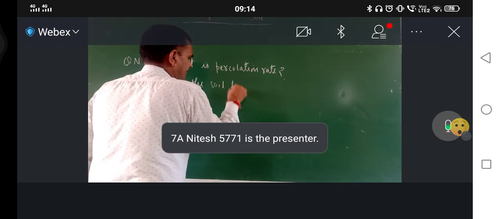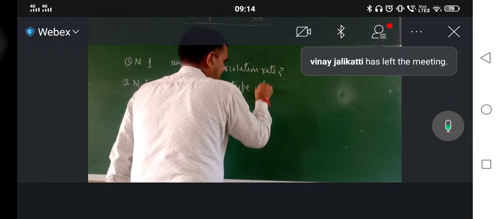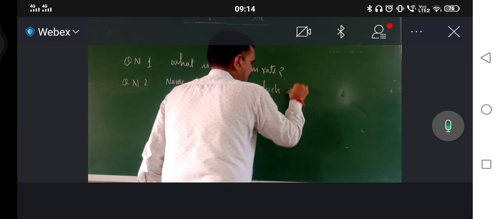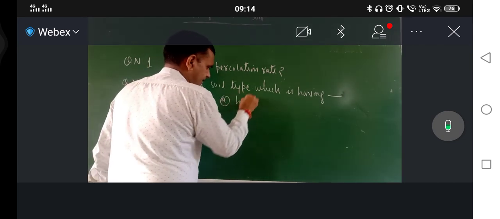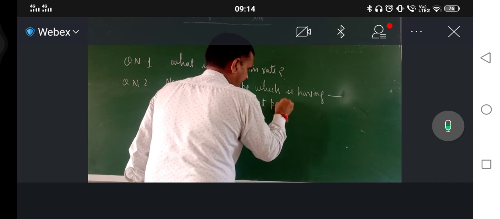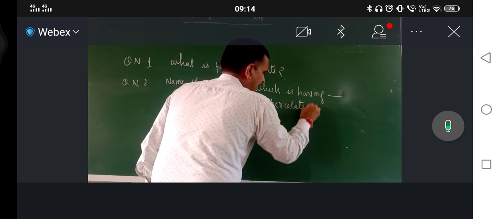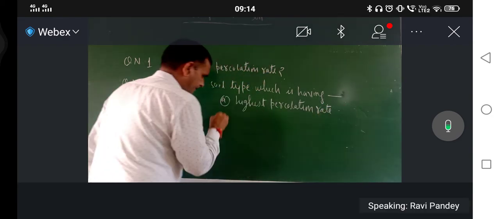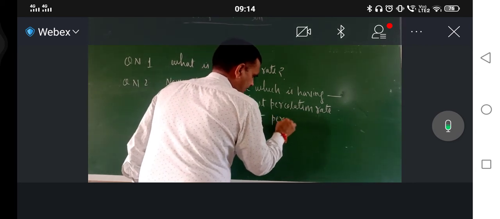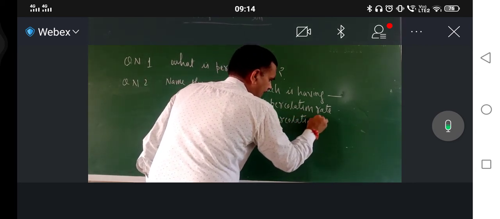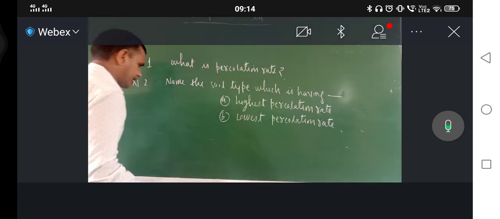Next, question number two: Name the soil type which is having the highest percolation rate. B: the lowest percolation rate.